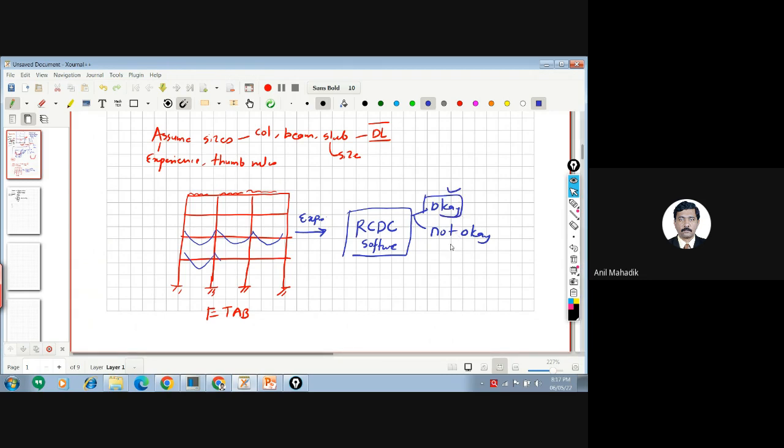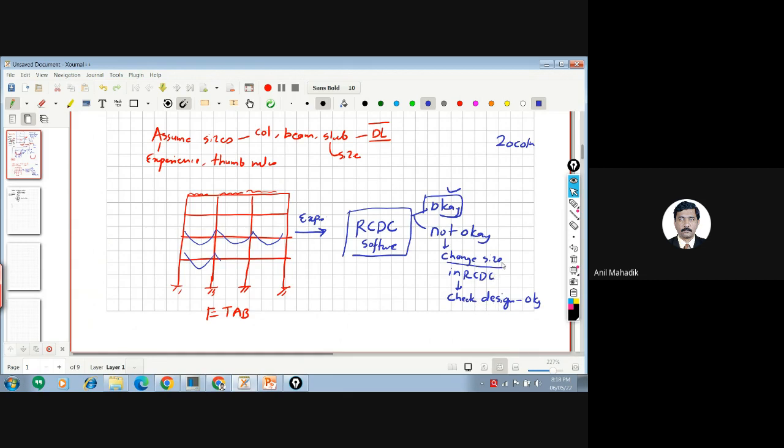For not okay, I will change the size in RCDC itself, and check whether RCDC is giving a safe design. Let's say there are 100 beams and 100 columns, and out of 100, 20 columns are failing. You change the size in RCDC and make it safe.